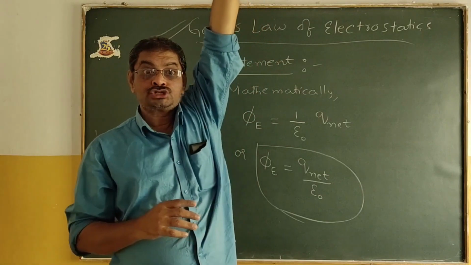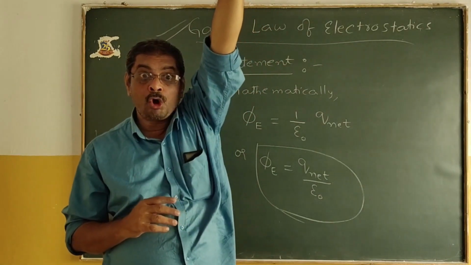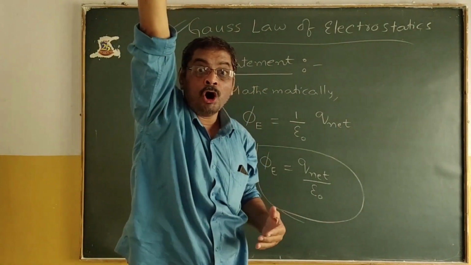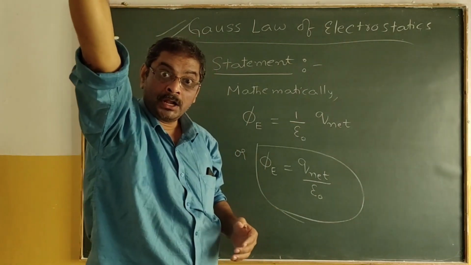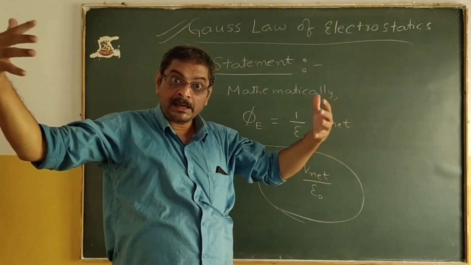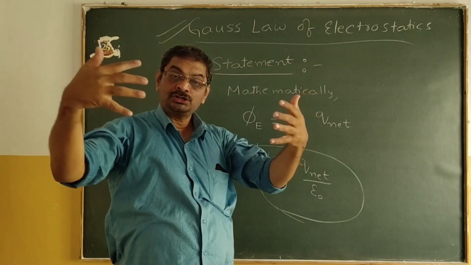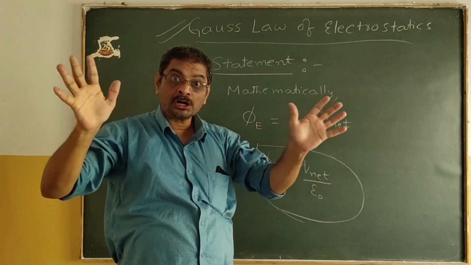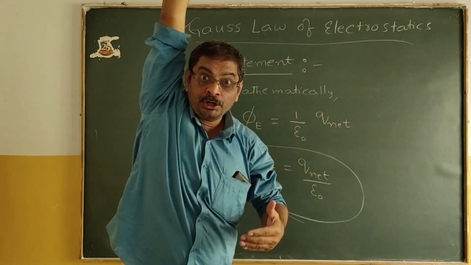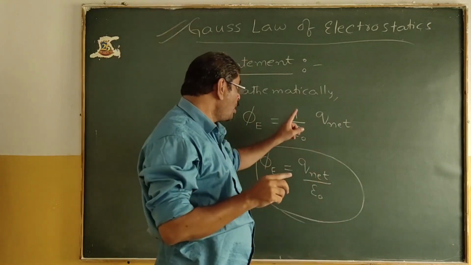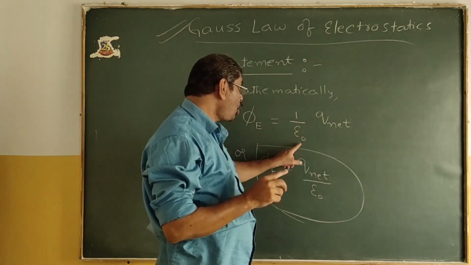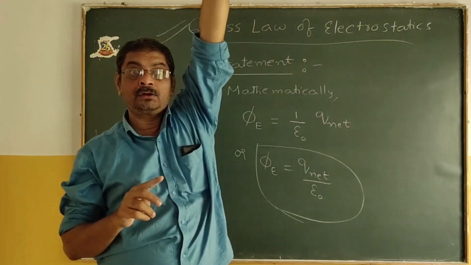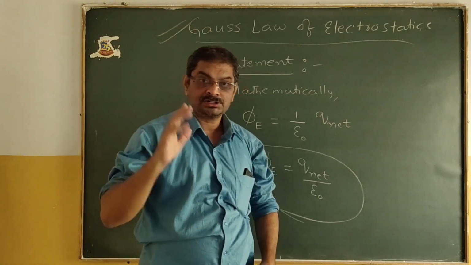So remember, according to Gauss law, the total number of electric lines of force either entering into the Gaussian surface or leaving the Gaussian surface will be numerically equal to 1 by epsilon naught times the net charge enclosed by the Gaussian surface.